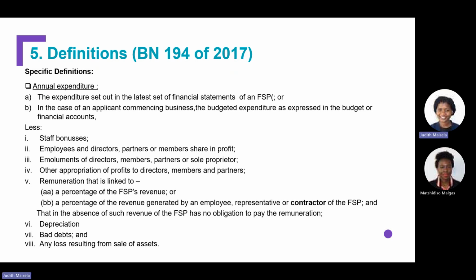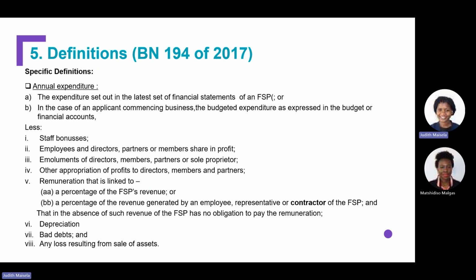So that annual expenditure, you less or deduct or subtract staff bonuses, employees and directors, partners or members share in profit, emoluments of directors, members, partners or sole proprietor, other appropriation of profits to directors, members, and partners.